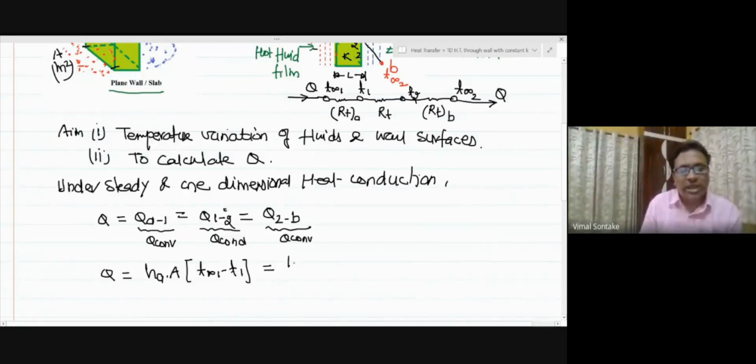It can be written as kA, temperature difference over L. This is the rate of heat transfer for a plane wall.